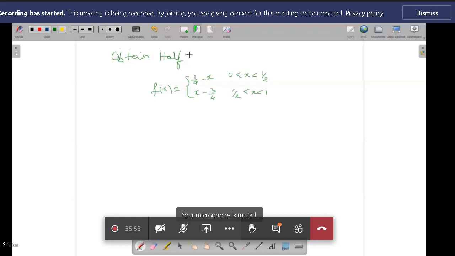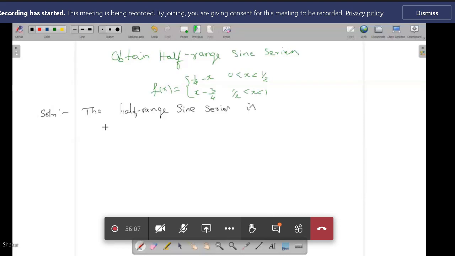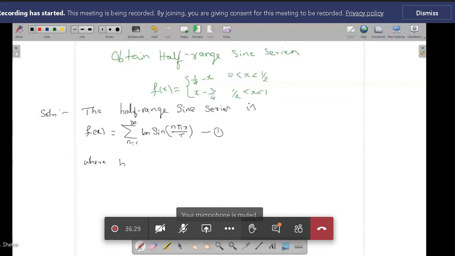so the half range sine series is defined as f of x, just as we have taken in the first example, summation n running from 1 to infinity bn sine n pi x by t, called equation 1, where bn is defined as 2 by t integration from 0 to t f of x into sine n pi x by t into dx.